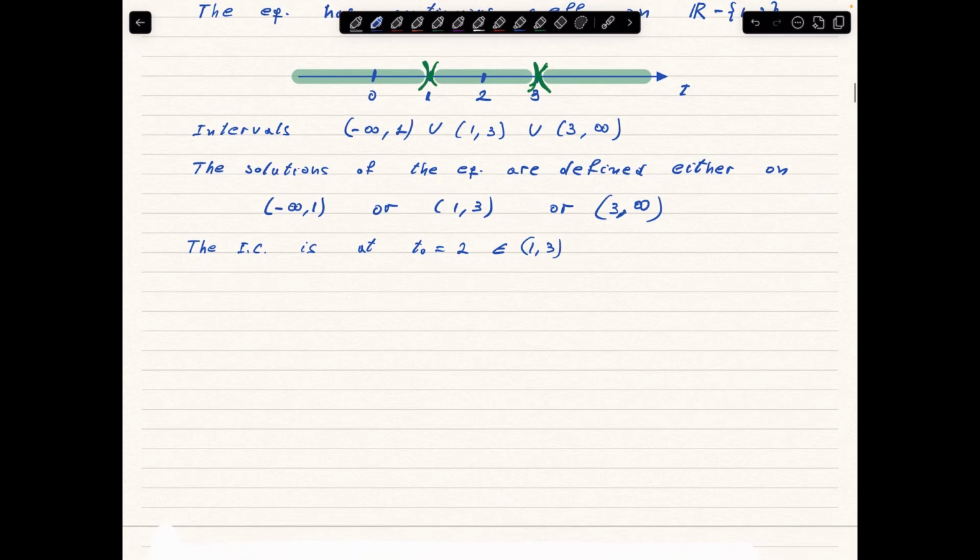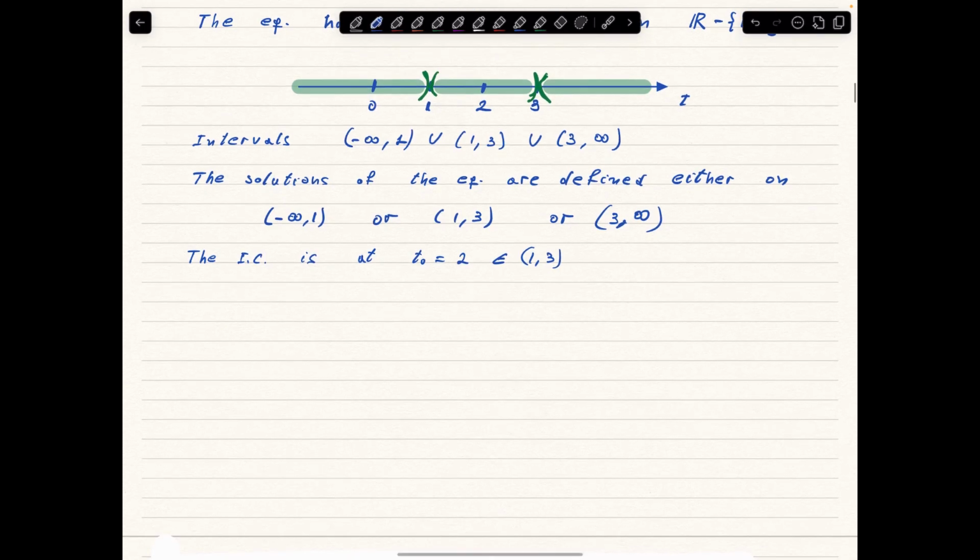So now, the existence and uniqueness theorem above says that the solution of the initial value problem exists for sure on the interval 1 to 3.